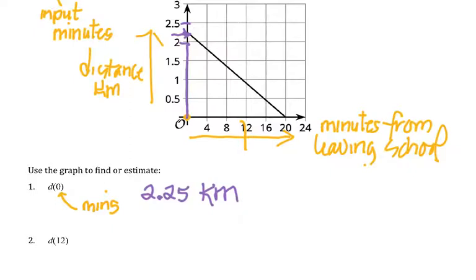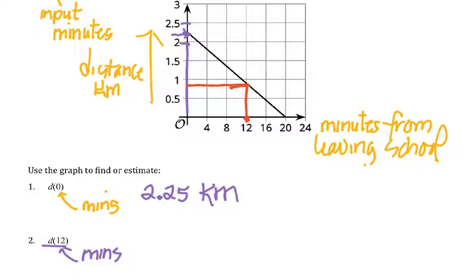All right, so now let's find d of 12. So again, this is minutes. This time I'm going to erase this, and I'm going to use red, and I'm looking for 12 right here. So at 12 minutes, what's the distance? So I'm going to go up here till it reaches the black line, and then move it all the way across.